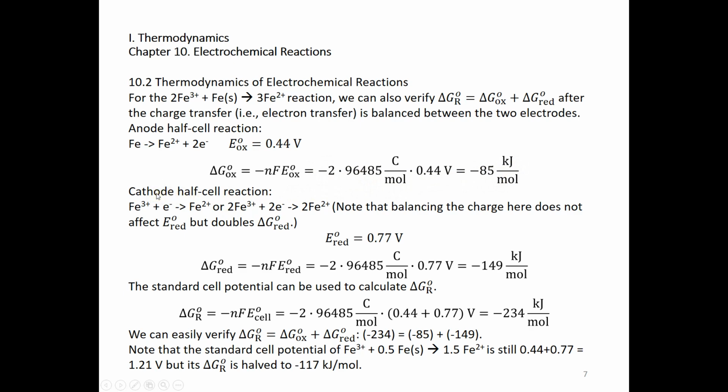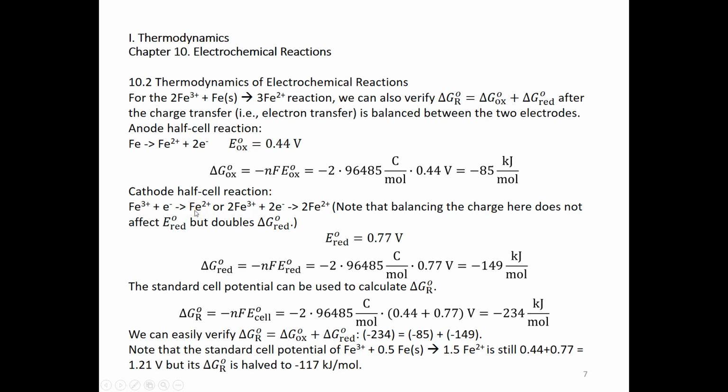Now let's look at the cathode. Make sure you have a reduction reaction, and make sure the oxidation number decreases. So we have this reaction. Oxidation number decreases from 3 to 2, and it's a reduction.